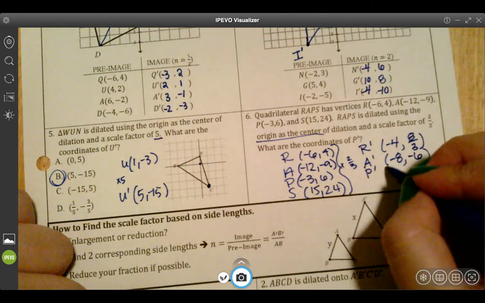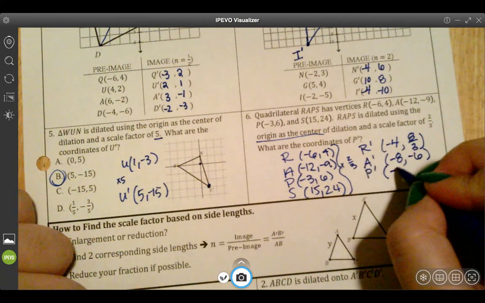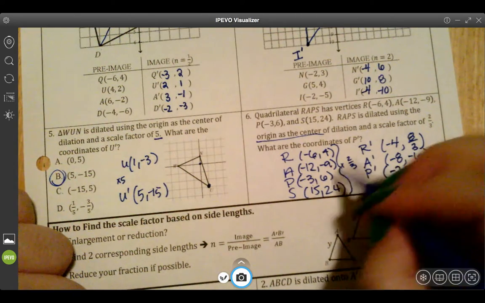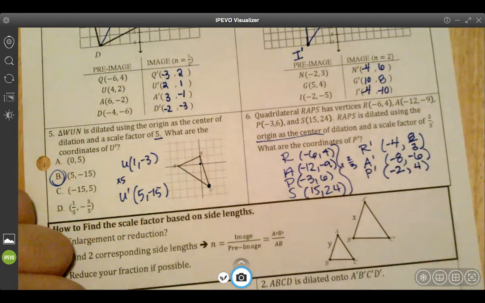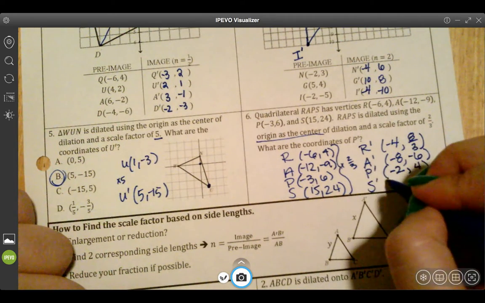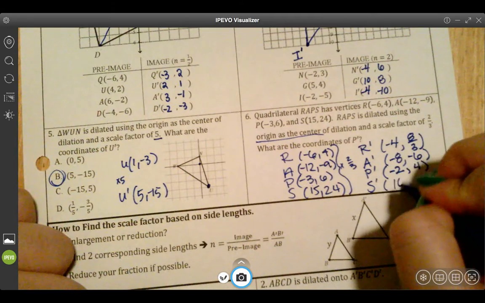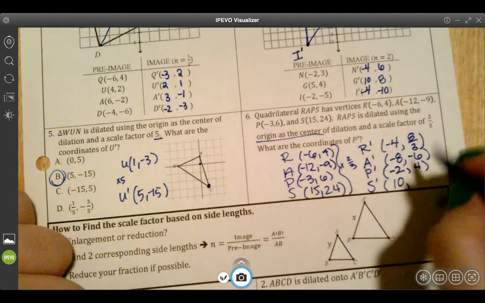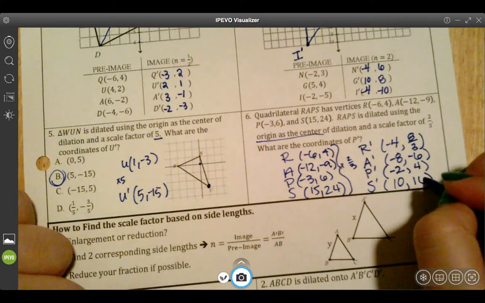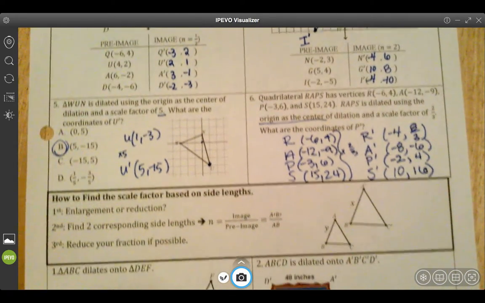P prime, negative 3 divided by 3 is negative 1, times 2 is negative 2. 6 divided by 3 is 2, times 2 is 4. S prime, 15 divided by 3 is 5, times 2 is 10. 24 divided by 3 is 8, times 2 is 16. Without having to graph anything, we can find all of those points.